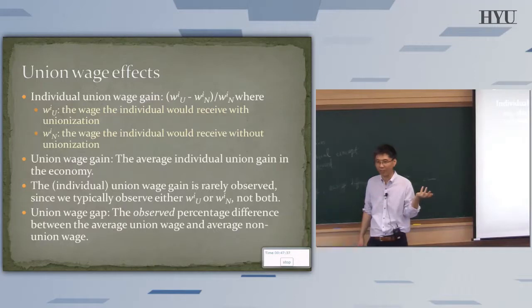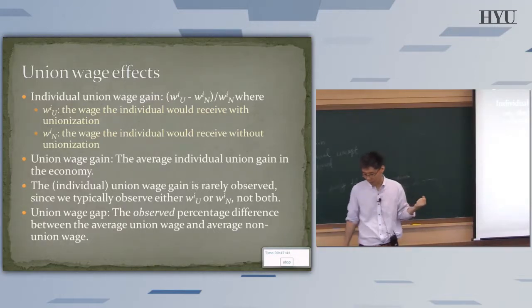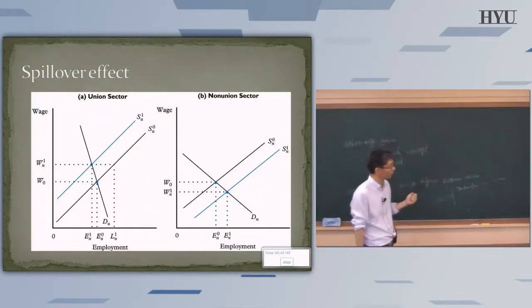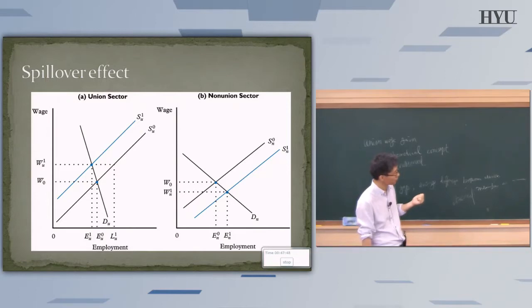But is it the right answer? That is the question. Okay, so that brings us to two quite interesting concepts. One is called the spillover effect. What is a spillover effect?